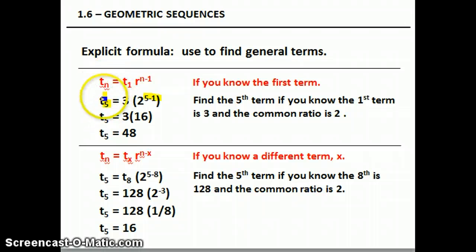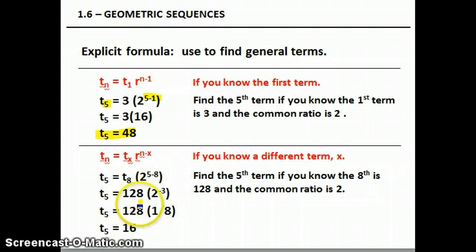All we have to do is plug everything in. We're looking for T sub 5, n is 5. Therefore, we have n minus 1, or 5 minus 1. So we end up with our common ratio is 2 to the fourth power. We're looking for the fifth term. It's going to be the fourth power. So 2 to the fourth power is 16, times 3 is 48.